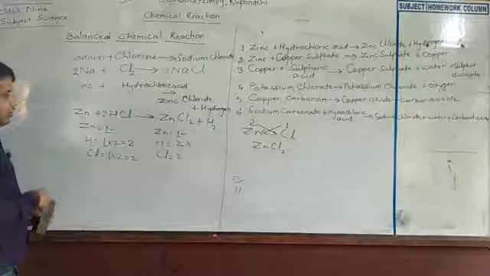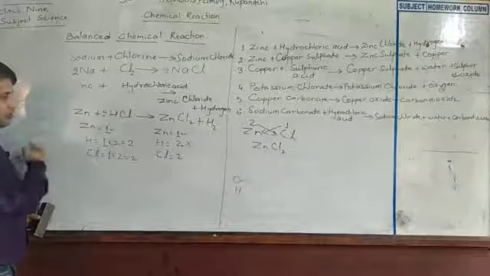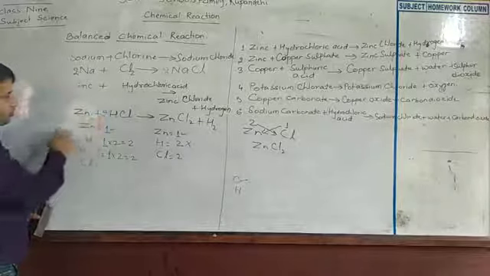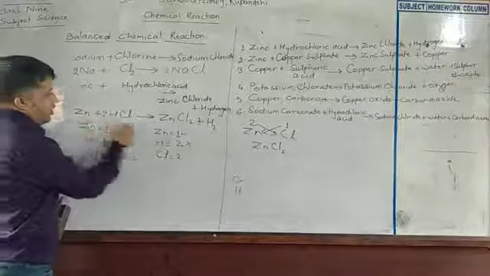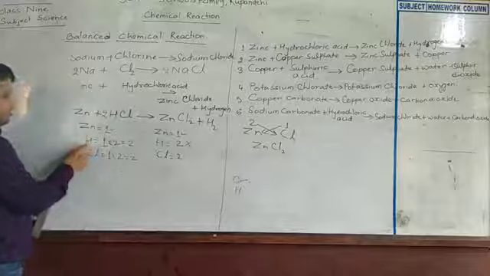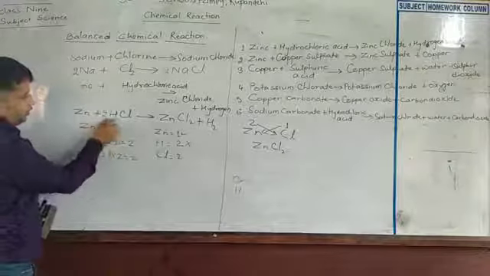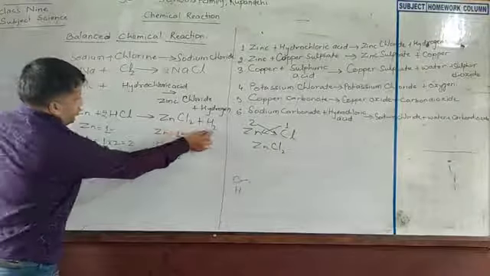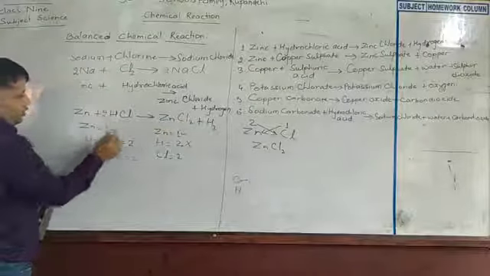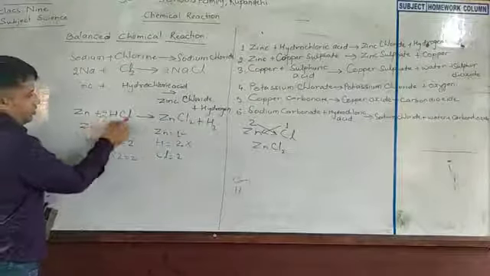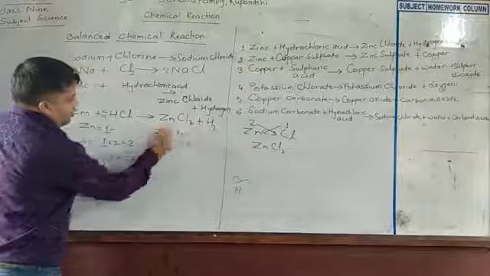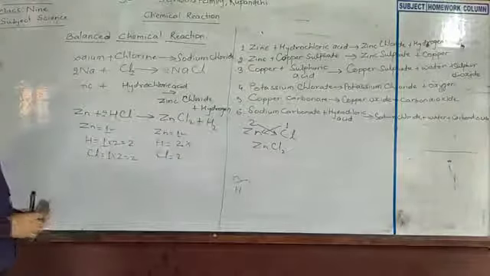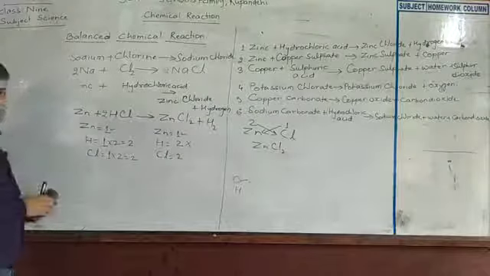Now after putting one value, we check again whether it is balanced or not. Zinc, here 1, it is balanced. Hydrogen, here 2 and here 2, it is balanced. Chlorine 2, and here also 2, so it is balanced. In this way we have balanced this chemical reaction.